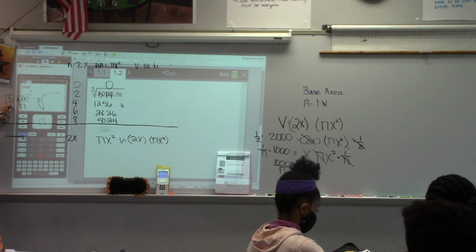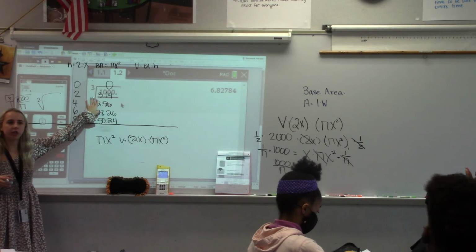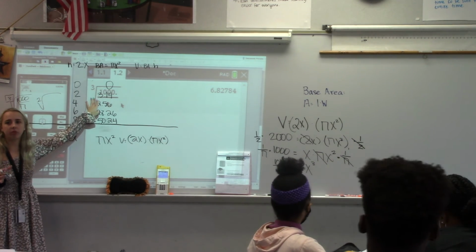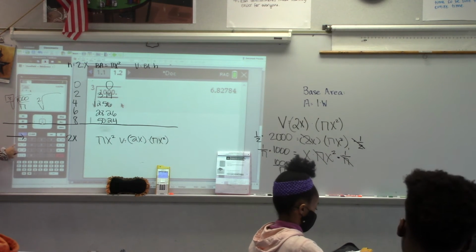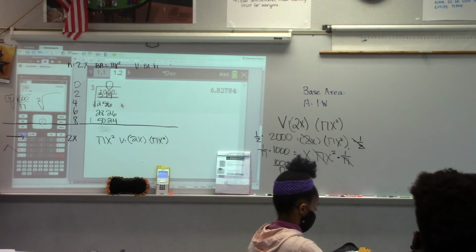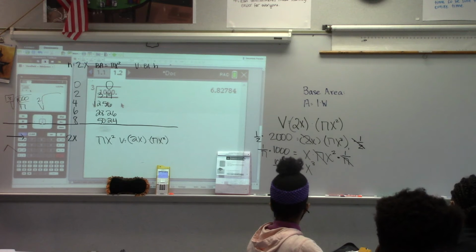Does that make sense? Do you guys see, is this what you're getting on your calculators? Make sure you know how to do this, please. It's the button right above that raised arrow.